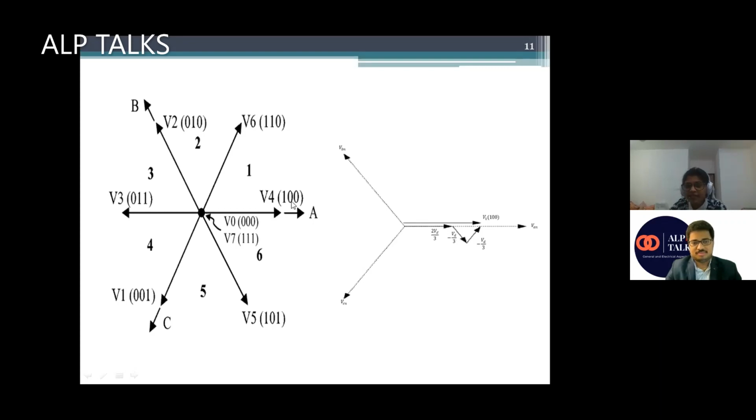And again 0 means S2 is on, that means minus VDC by 3 in C phase also, in the opposite direction of C phase. So when I get the resultant of these three, I will get the output of that vector. Similarly, I can make the other vectors too.